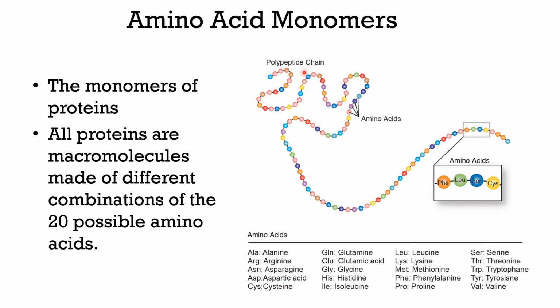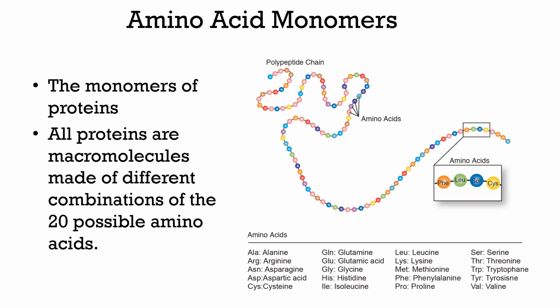polypeptide chain. Now, the reason why we call it a polypeptide chain and not just a polymer chain is that when we have the bonds between the amino acids, we call those peptide bonds. Peptide is just another word for protein. So they are protein bonds, basically. So each of these 20 amino acids will be strung up, and every protein is going to have a unique sequence of those amino acids.